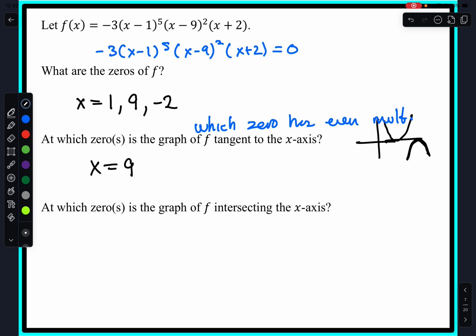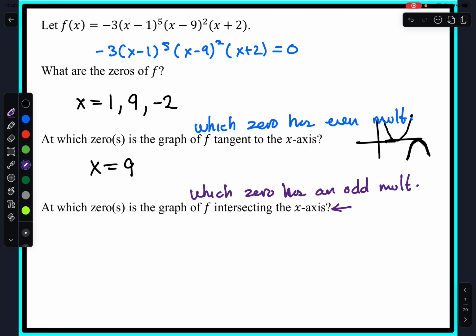And if it's not tangent, well, the other option is that it's going to intersect, and that's the result of asking the same thing as at which zero has an odd multiplicity.